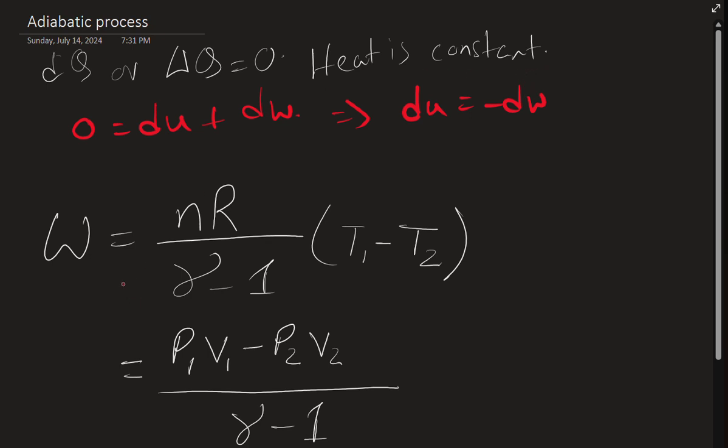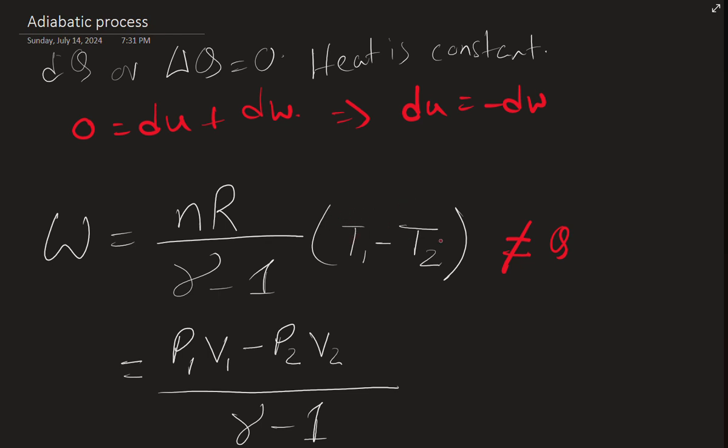Now, these are the formulas of W. Now remember, the formula of this work cannot be used as the formula of heat like isothermal. Okay, this is not possible. The formula for work is the same as the formula of heat only in the isothermal process. In adiabatic process, there is no change of heat, so we do not calculate heat here.